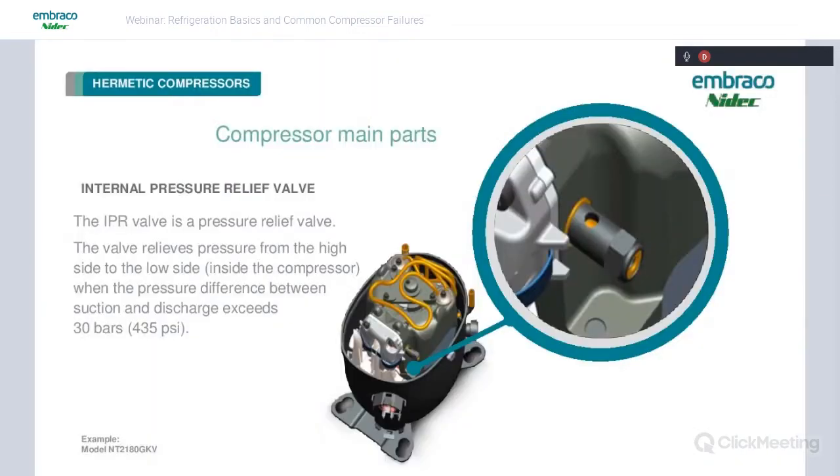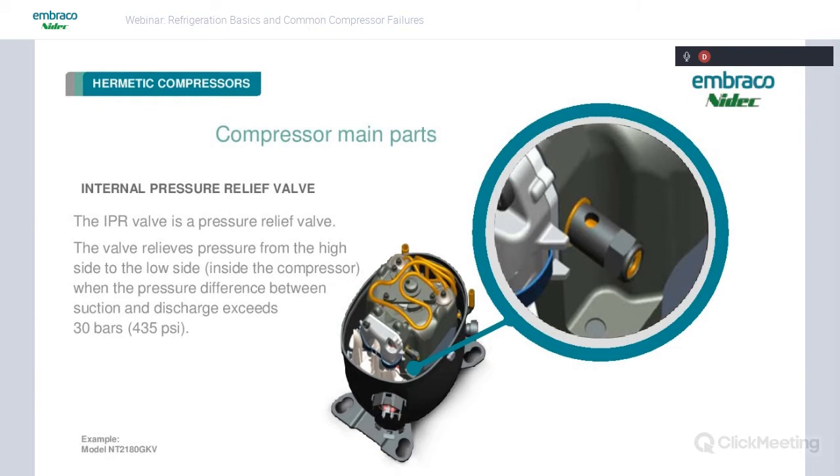So one of the other items we have in our compressors, not in every compressor, mostly in the 404A commercial compressors that run a little bit higher discharge pressures, is an internal pressure relief valve. It's a passive high pressure safety that protects the valves in the compressor from a very high discharge situation.